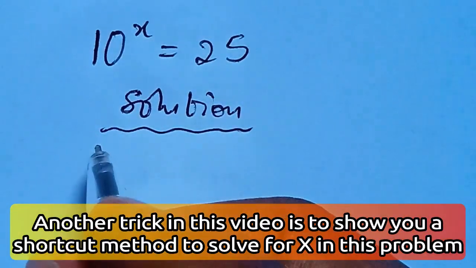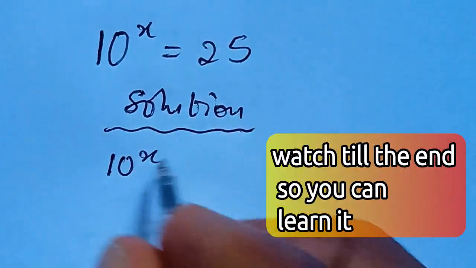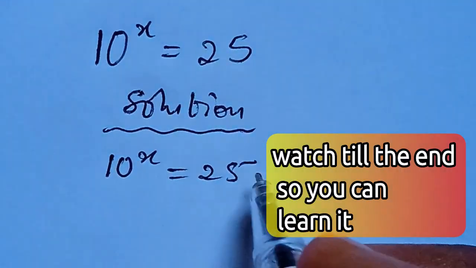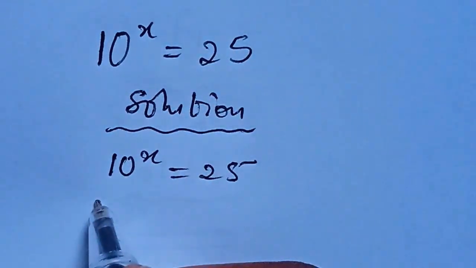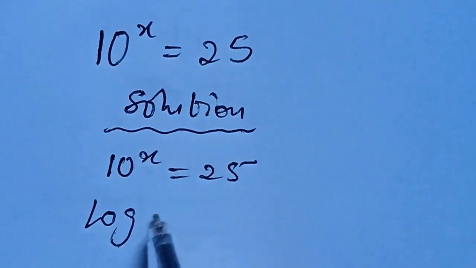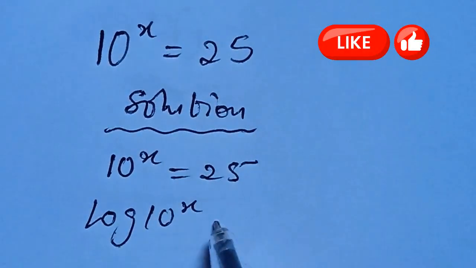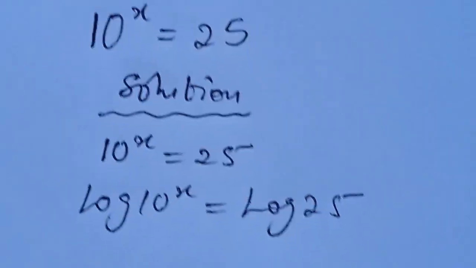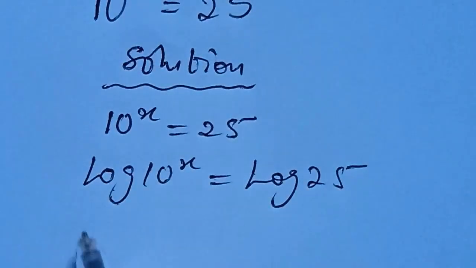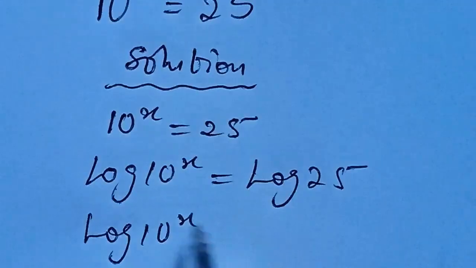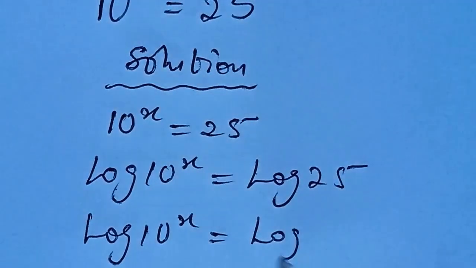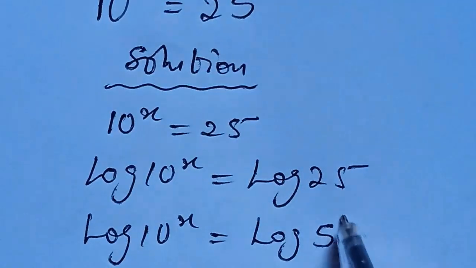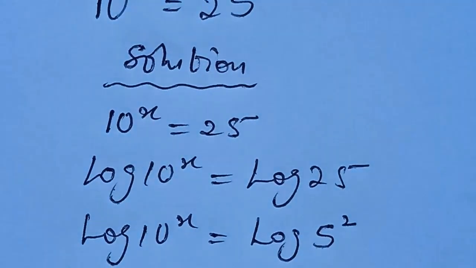What we need to do first is to have our question, 10 to the power of x equal to 25. So we need to take the log of both sides. Log 10 to the power of x equal to log 25. Then we simplify this as 5 to the power of 2.